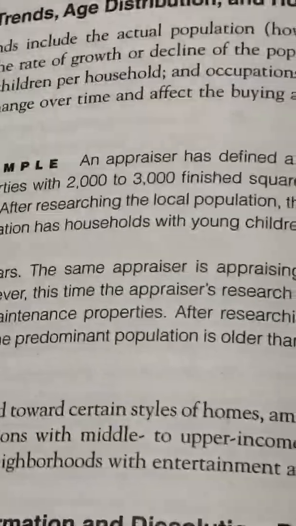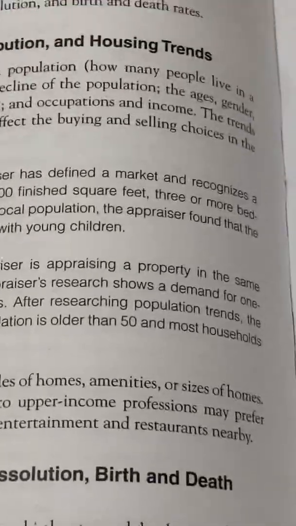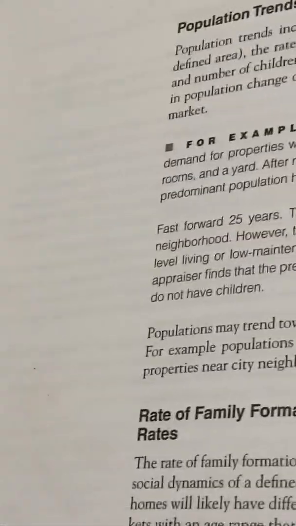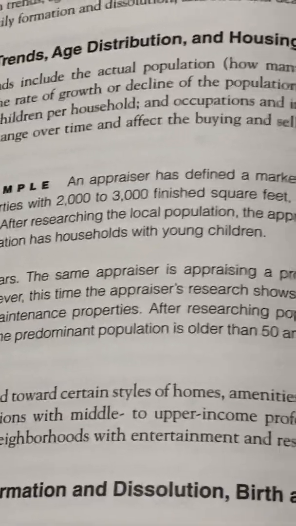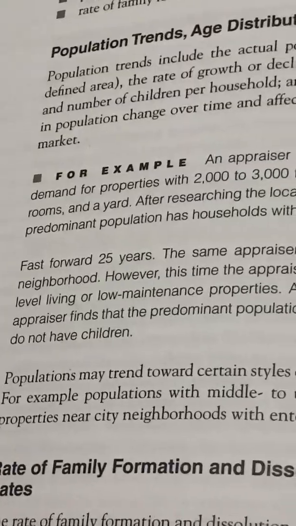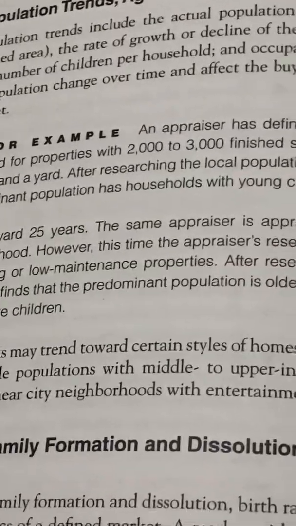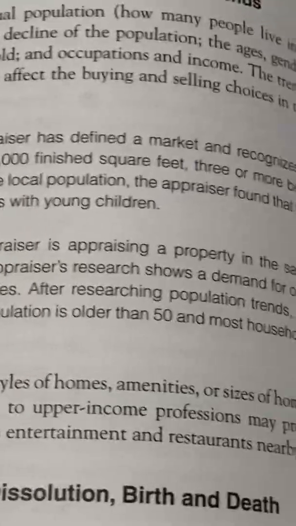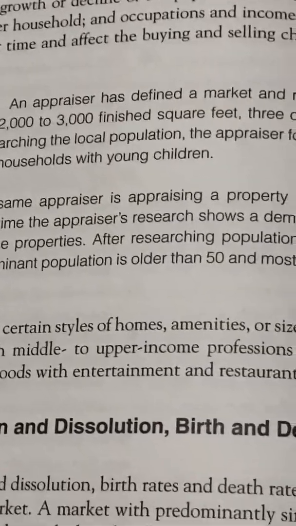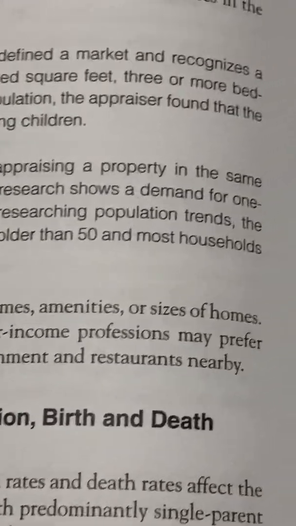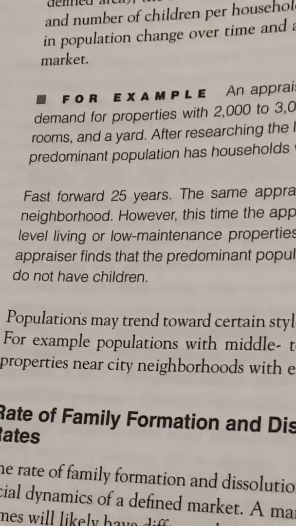After researching the local population, the appraiser found that the predominant population has households with young children. Fast forward 25 years. The same appraiser is appraising a property in the same neighborhood. However, this time the appraiser's research shows a demand for one-level living or low-maintenance properties. After researching population trends, the appraiser finds that the predominant population is older than 50, and most households do not have children.